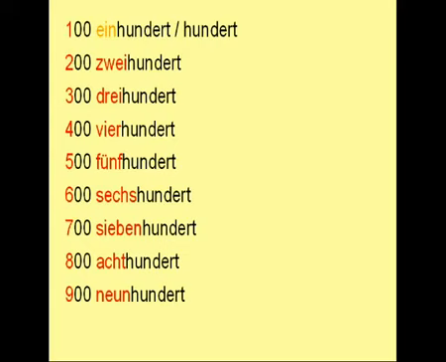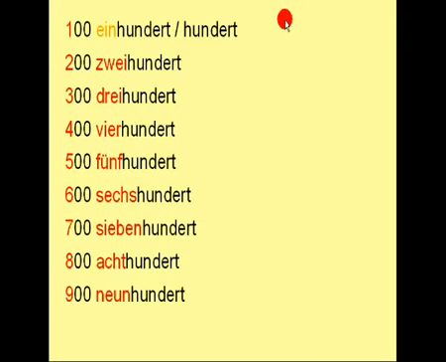In my previous lessons you got to know the numbers from 0 until 100 and you learned that until number 99 we Germans mention the right number first and then the left one. But from 100 onwards, we start mentioning the numbers from left to right.